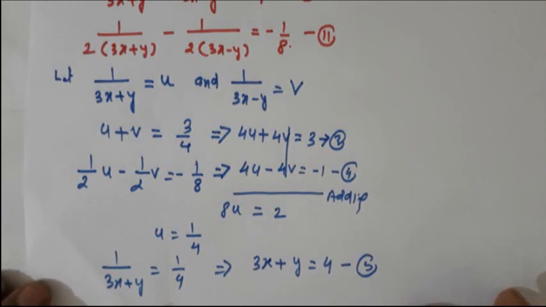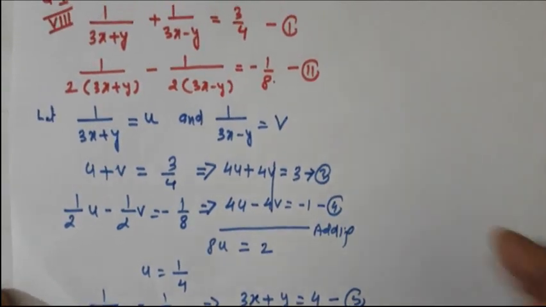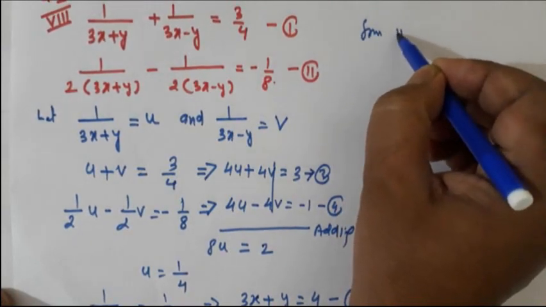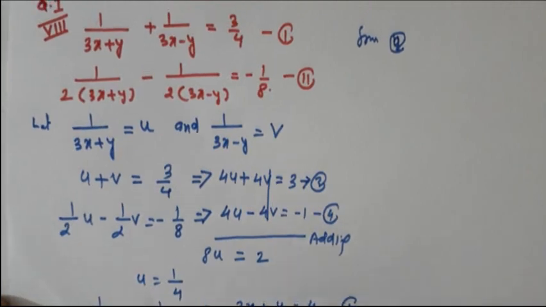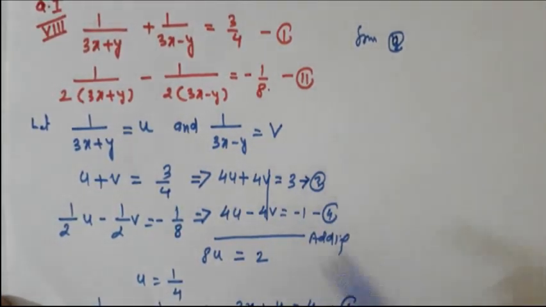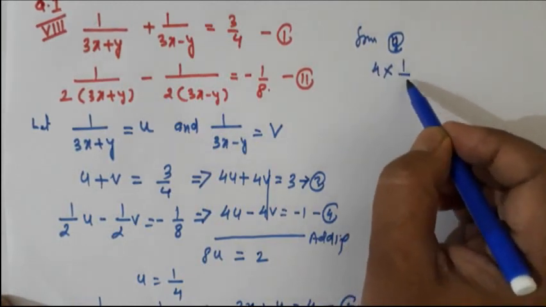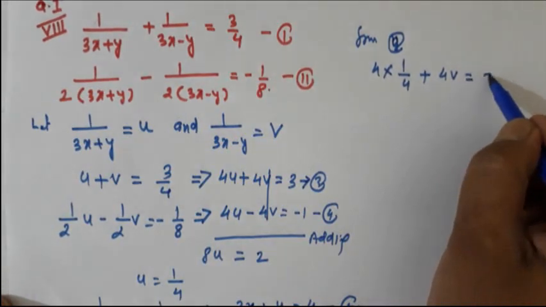Now you put this value of u either in the third one or the fourth one. From third equation, so from 3 you put the values. So this is 4, ये u की वैल्यू है. Then 4 into value of u 1 upon 4 plus 4v is equal to 3.